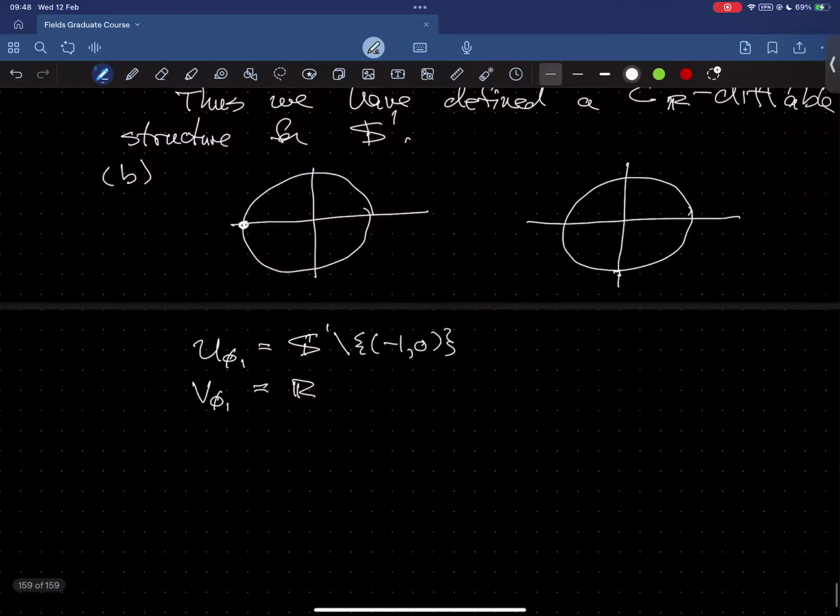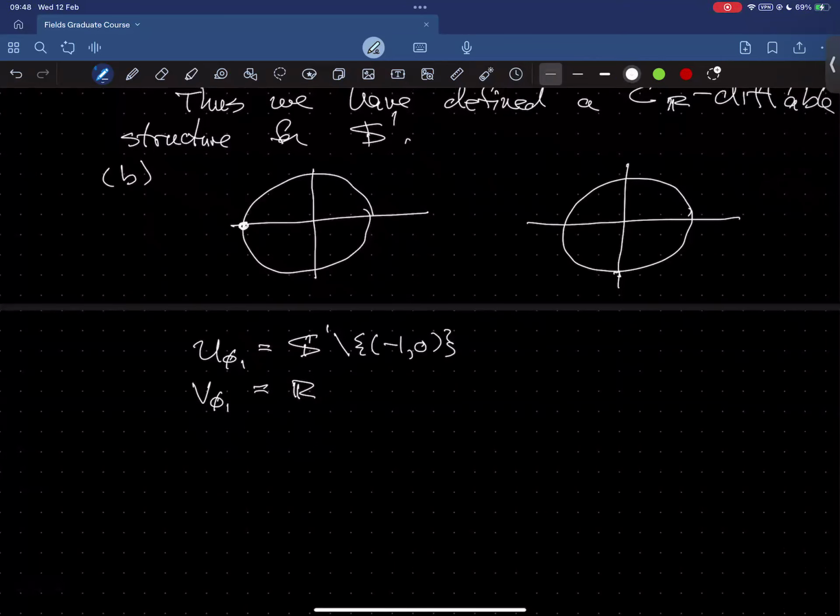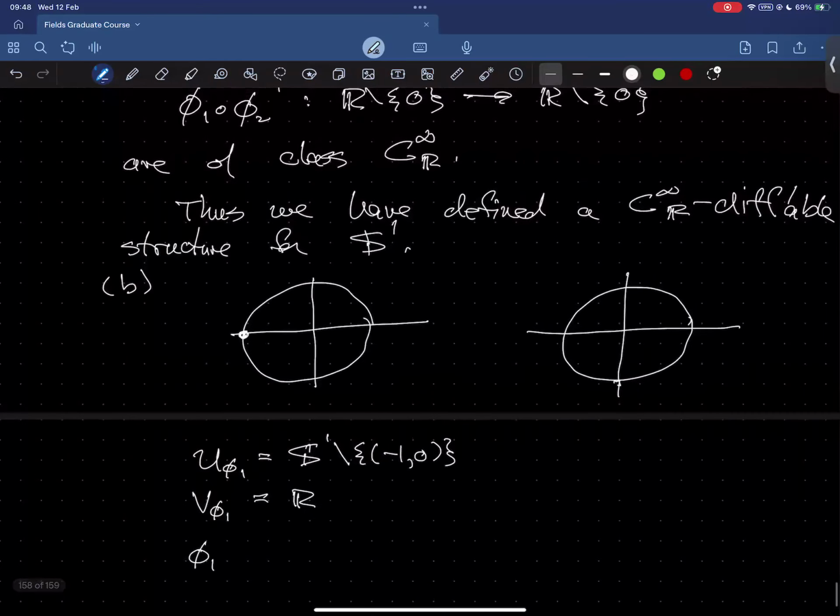All right. And then what's the chart map going to be? Okay. So the chart map, so I'll draw what this thing looks like. So I'm gonna take a point here, and maybe let me do like I did last time and draw the domain in red. Okay, so the domain omits the point -1, 0. Okay, and then the chart map.